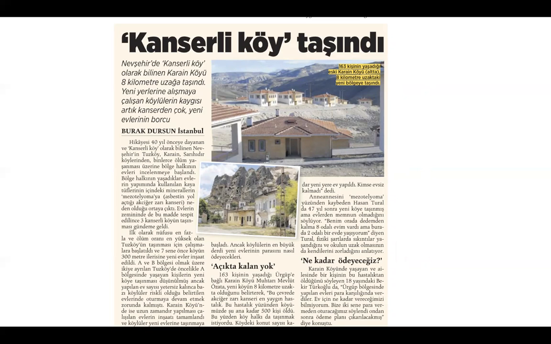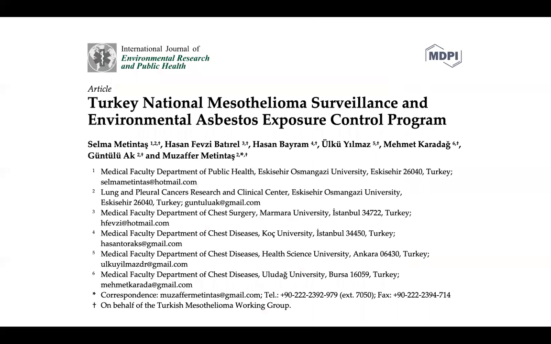Two years ago, there was good news. As you see here, the people in this area have actually been moved into normal concrete houses, which is very nice for these people. Of course, in the environment there is pulverized asbestos, but at least they live in normal concrete houses.